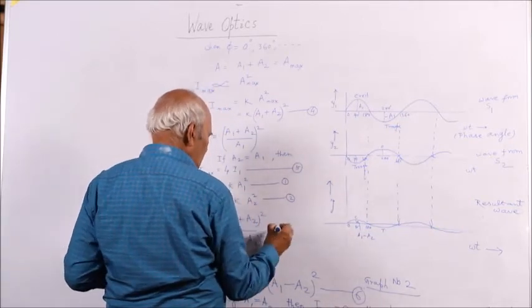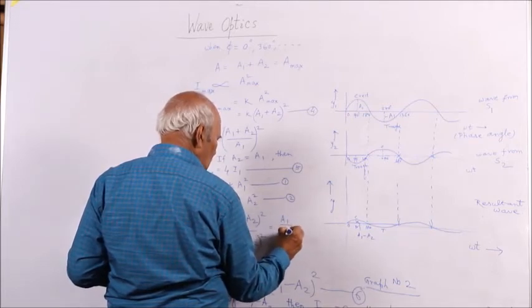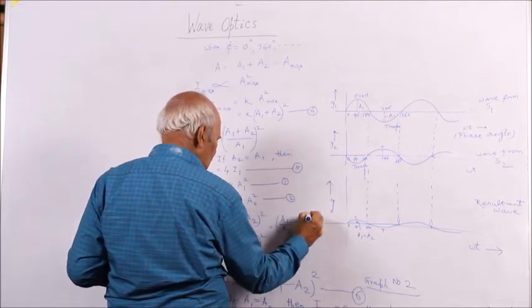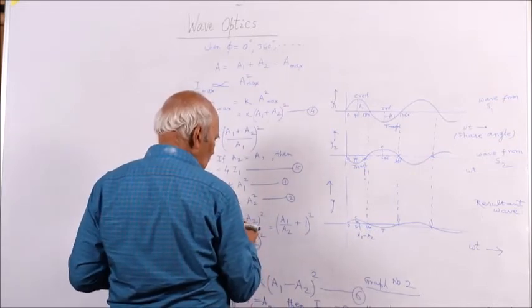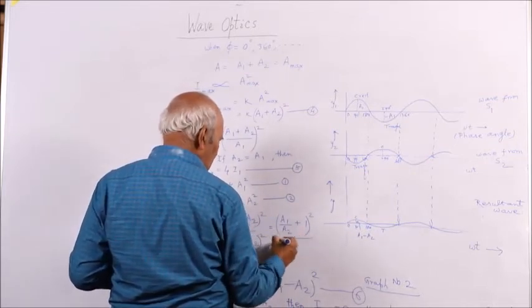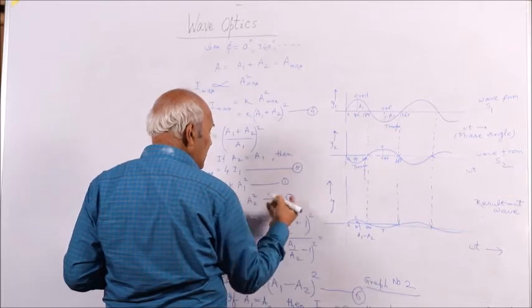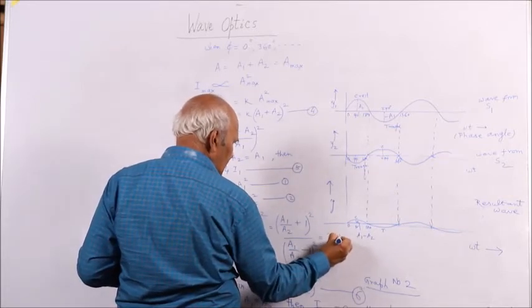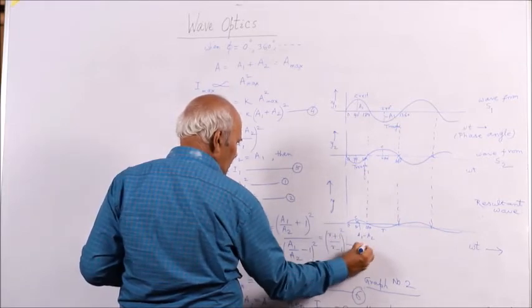Suppose you divide the numerator and the denominator by A2, it becomes A1 by A2 plus 1, whole square, by A1 by A2 minus 1, whole square. And A1 by A2 is R, the amplitude ratio. So, it becomes R plus 1 by R minus 1 whole square.